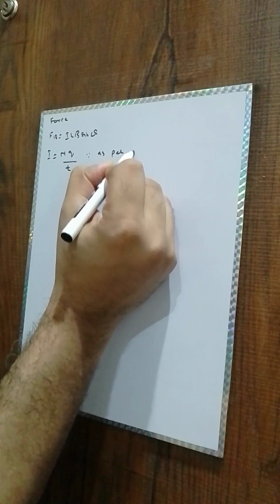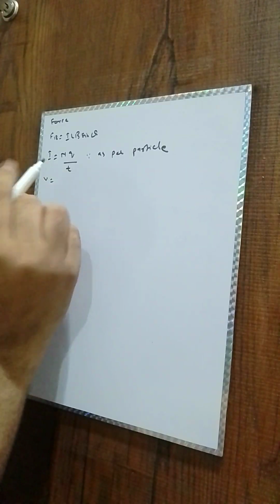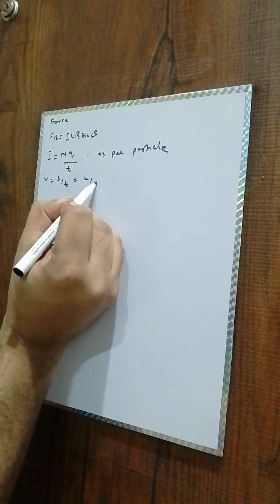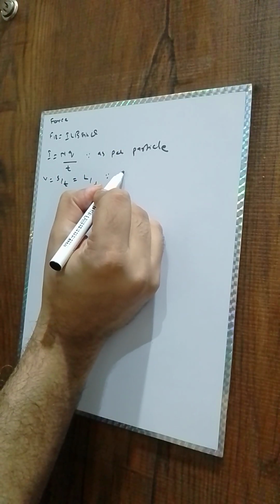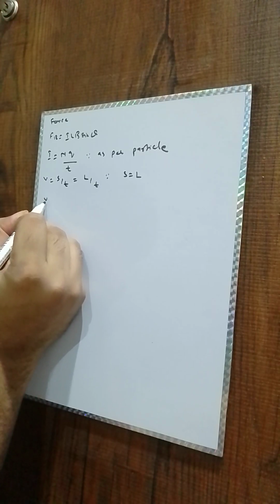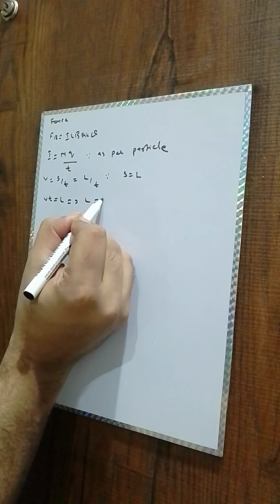Velocity is distance by time, and distance in this case is length, so v is equal to s by t, meaning L by t, as S is equal to L, the length of the conductor. So L is equal to Vt.